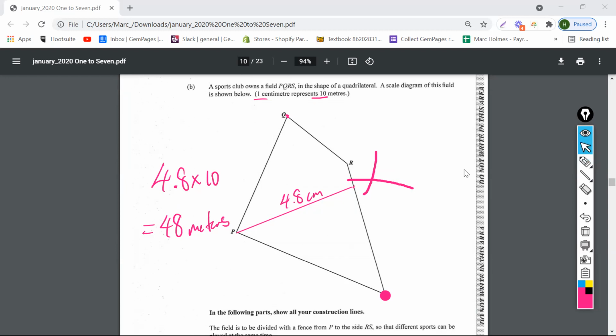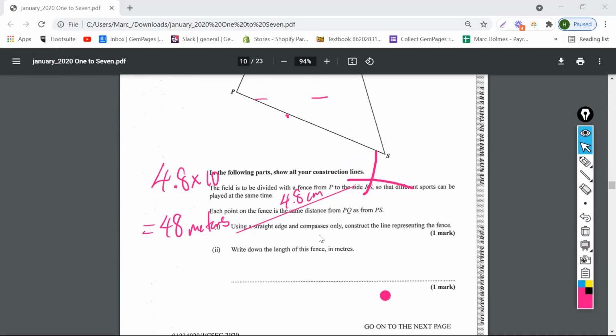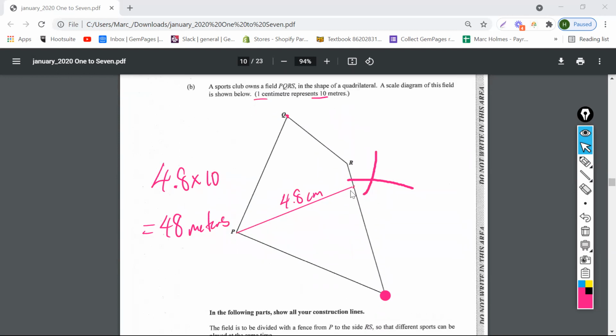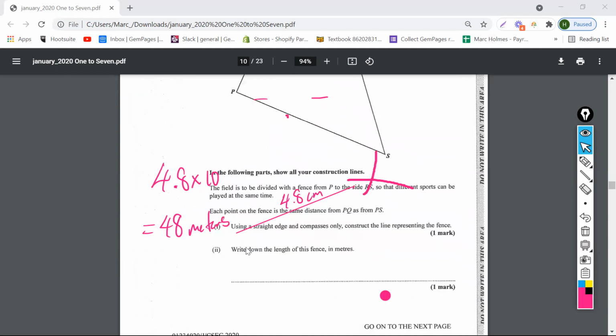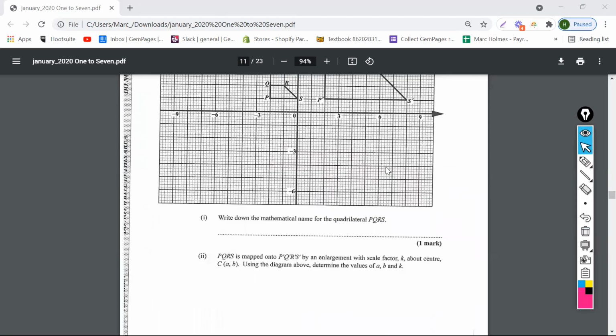Also, I noticed they didn't really give a solution for this, so I think this is the solution. But you have to measure the distance here to here in centimeters and then multiply it by 10. So strange question. It's only 2 marks anyway, so we're not going to stress it any more.